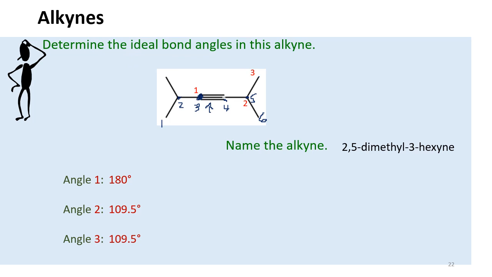I can go either up or down, it doesn't matter. If I go down, then this is a substituent. If I go up, then this one would be the substituent. So this is another substituent. So counting either side, I'd get the same picture, same numbering, and it would be 2 and 5 where these substituents are, they're methyl groups. So 2,5-dimethyl-3-hexyne.